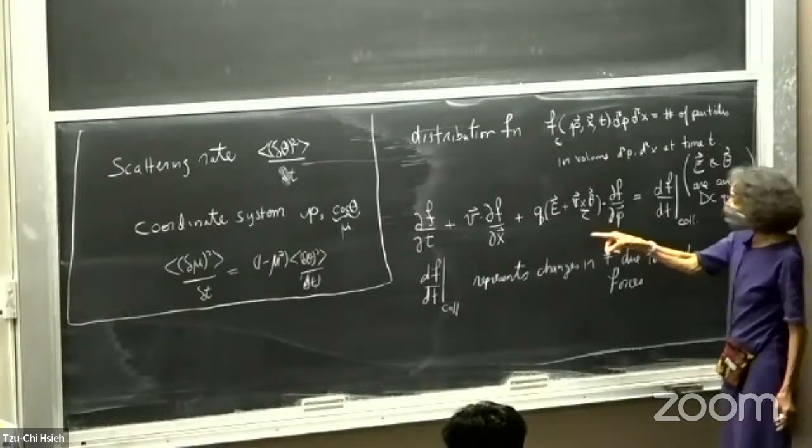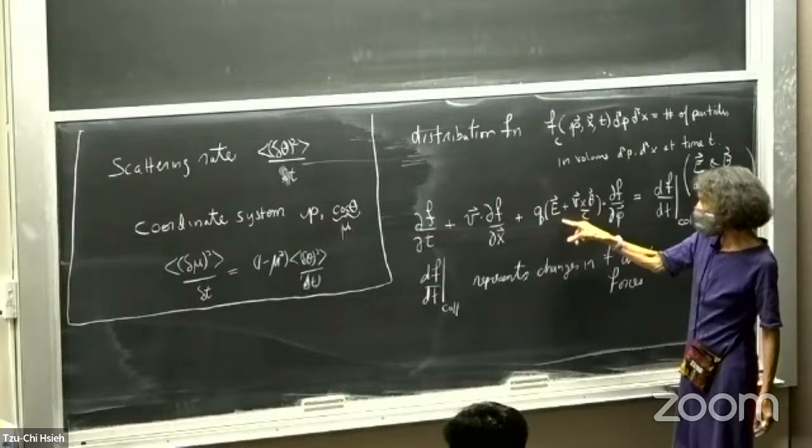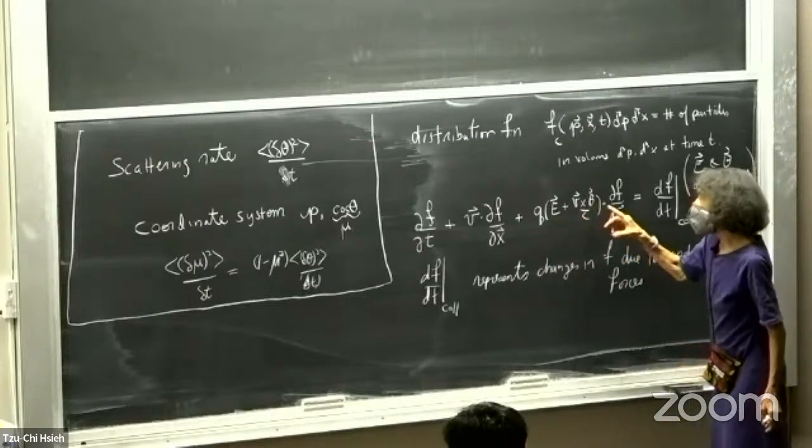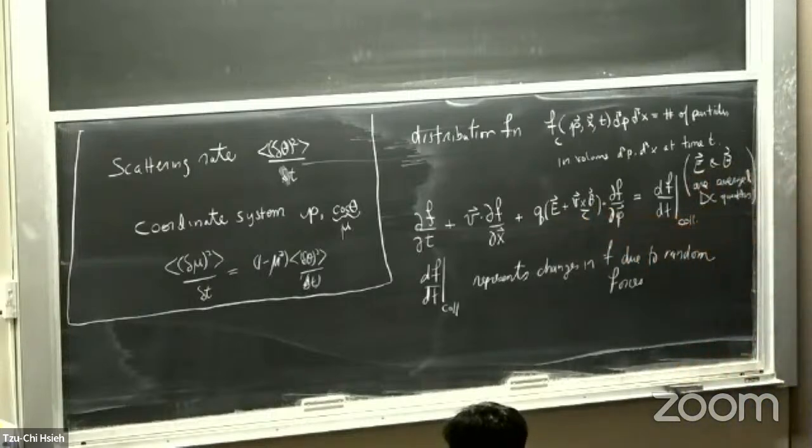So we haven't said anything about how E and B arise, but we're going to assume that they're smooth. Fluctuations in E and B that arise from the proximity of other particles we would consider to be binary collisions, and we would put them on the right-hand side.